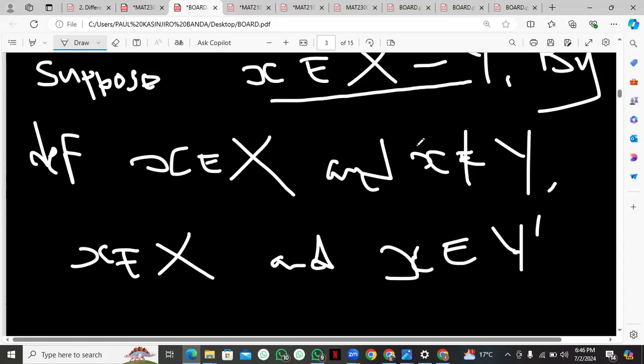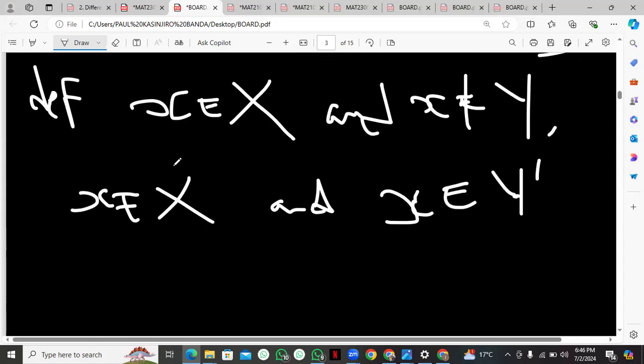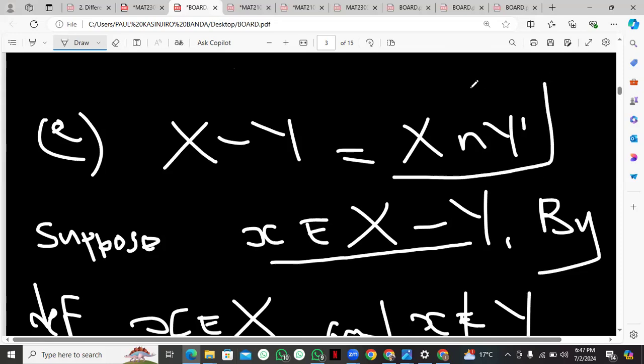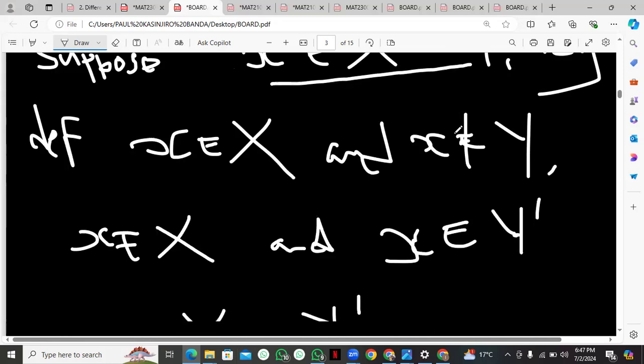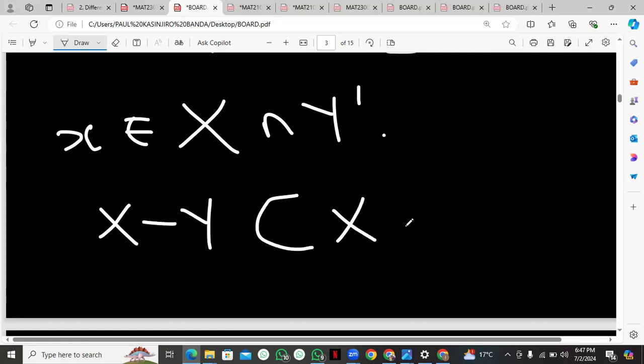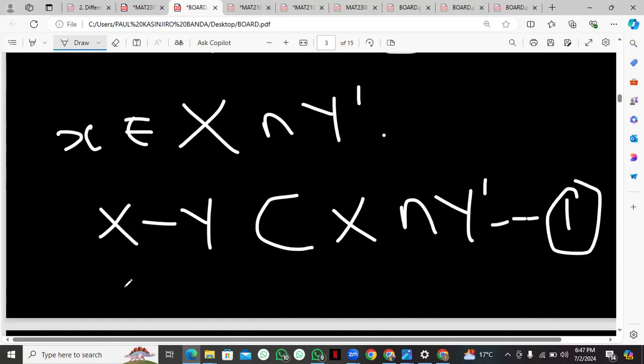That's the definition of a set difference, and then you use the definition of the complement. So if x is in X and x is in Y complement, then x is a member of X intersection Y complement. So you can see we now have what we had on the right side. We started with this and arrived at that. You can therefore say that X minus Y is a subset of X intersection Y complement, and you can label this as your equation 1.